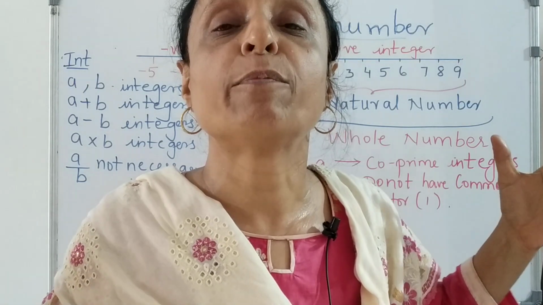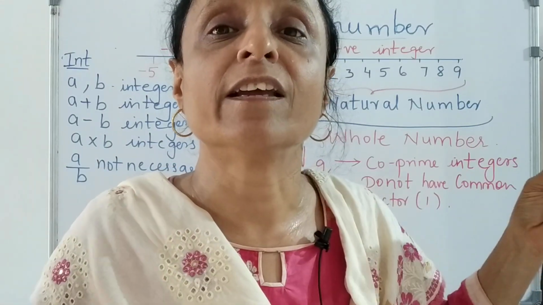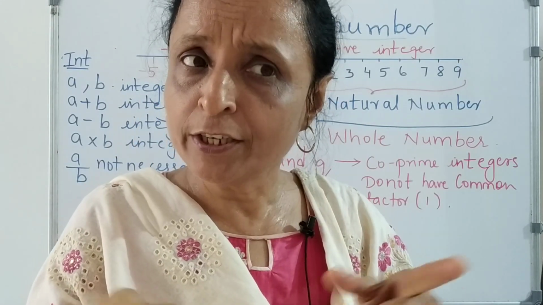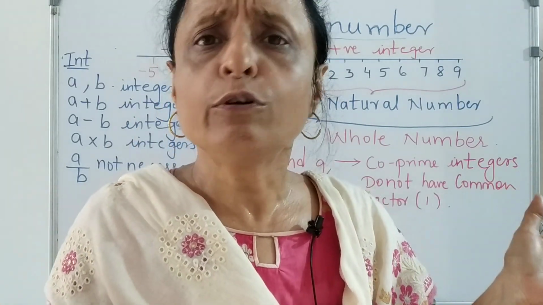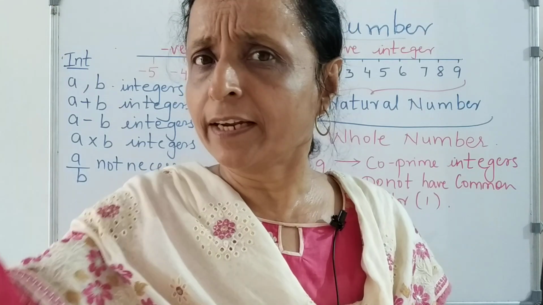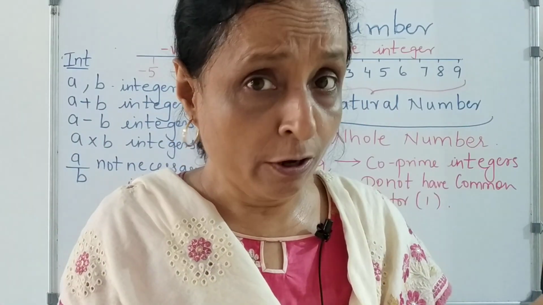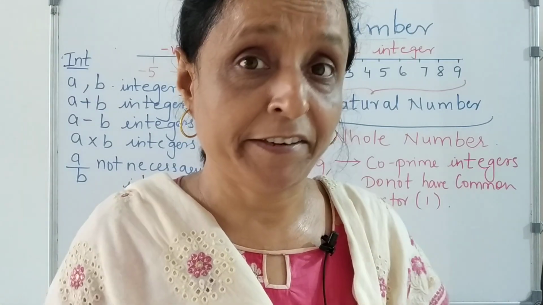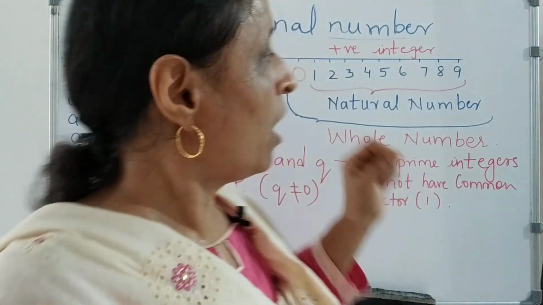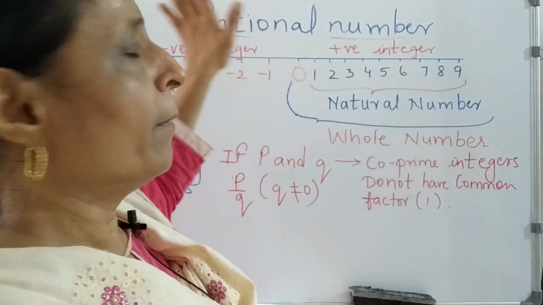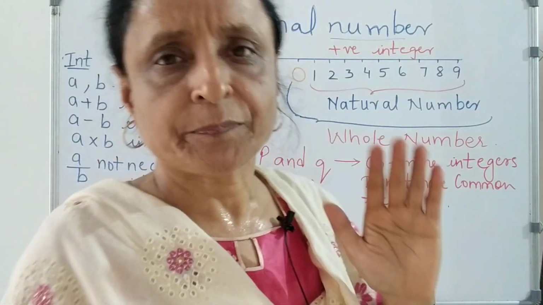So negative, positive, 0, everything is integer. Now integers can be divided into two: positive integers and negative integers, and 0 is neither negative nor positive but an integer. So I hope now this is clear: natural numbers, whole numbers and integers.